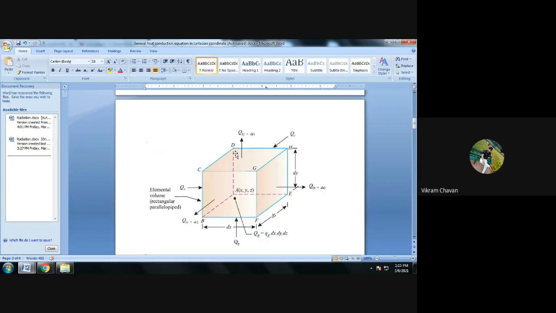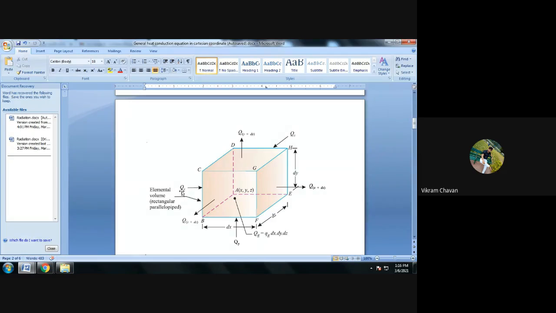Now, from all three positive directions, heat is coming inside the element. So in the x direction, qx amount of heat is entering inside the element in the positive x direction.